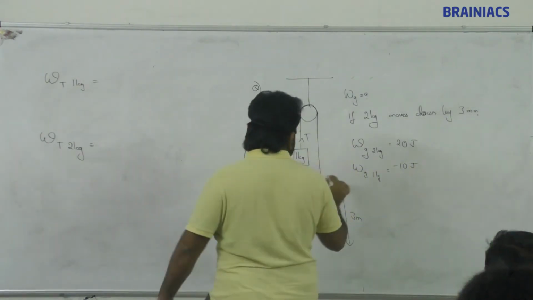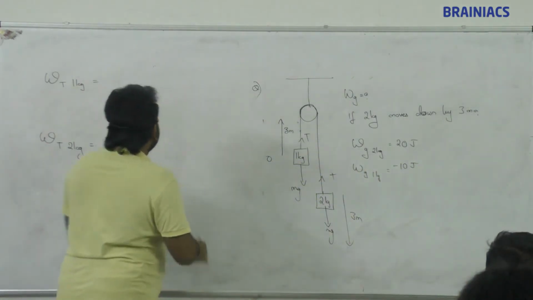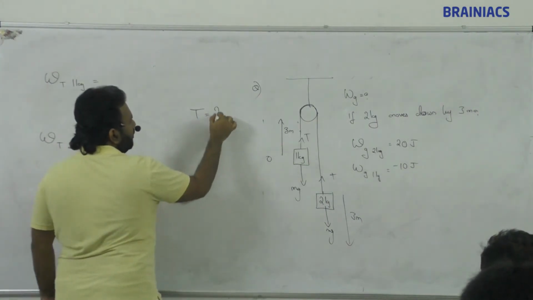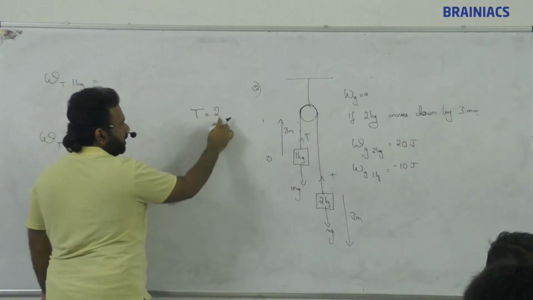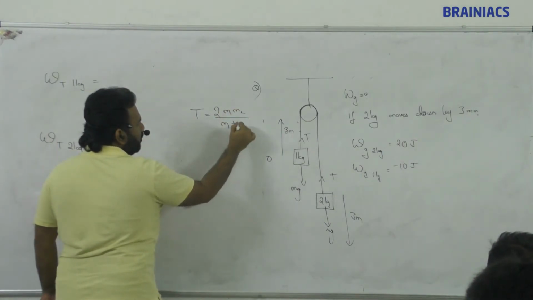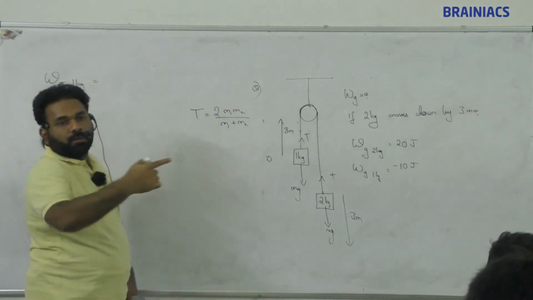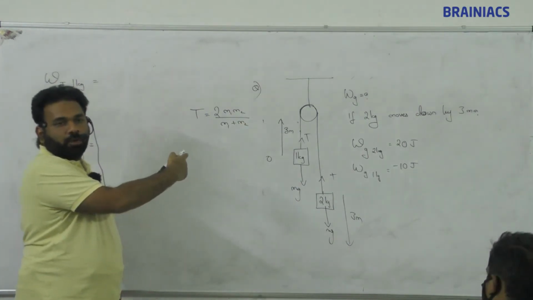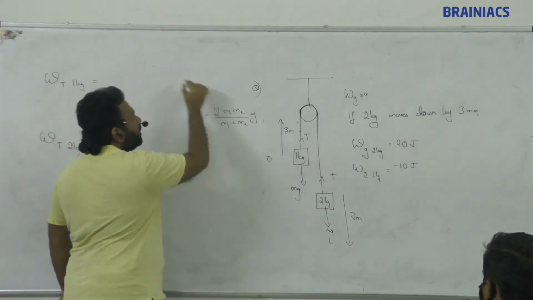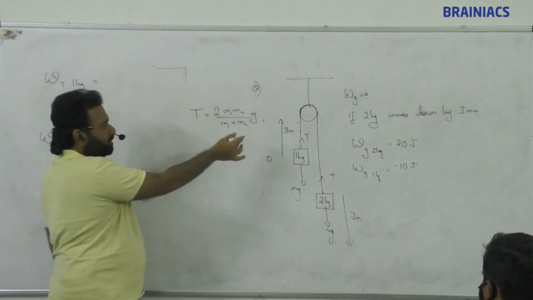So this tension and this tension are both the same. If you want to find the tension, for this kind of case, it is 2 m1 m2 divided by m1 plus m2, into g.